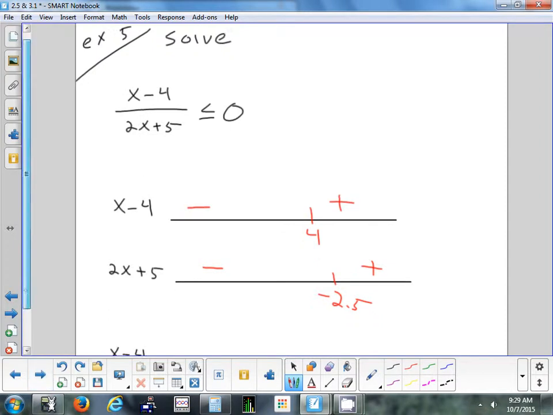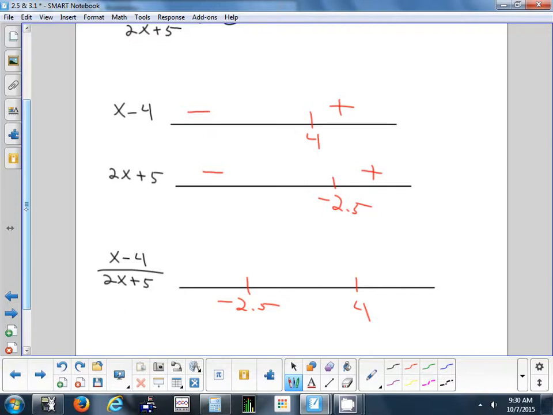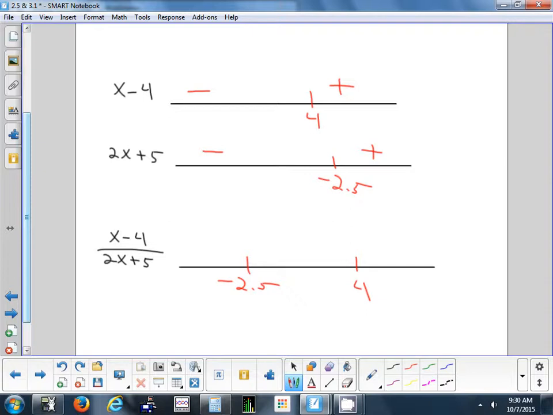All right. Make my final number line. Mark negative 2.5. Mark positive 4. 3 regions to check, and they should alternate. Okay. In the top one, what if I'm smaller than negative 2.5? Negative. And in the bottom one? Negative. Okay. Paige, what's a negative divided by negative? Positive.